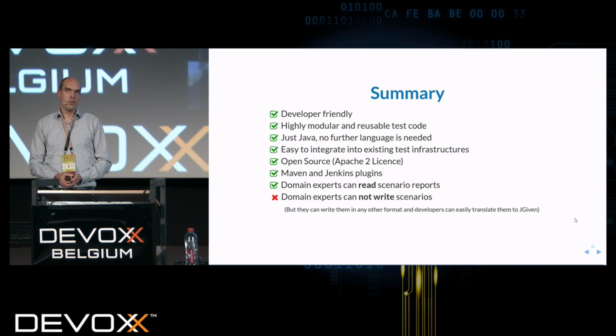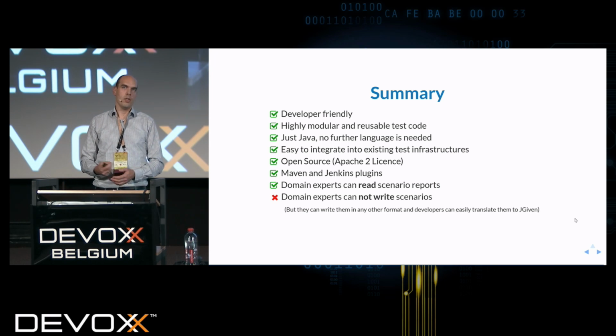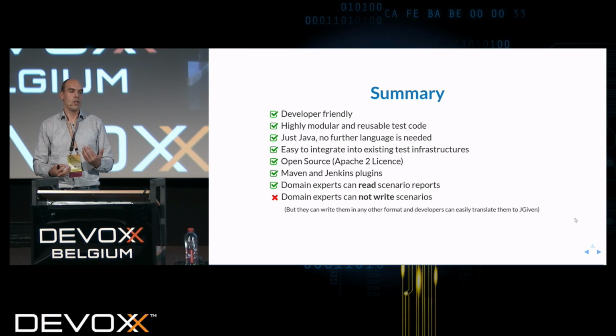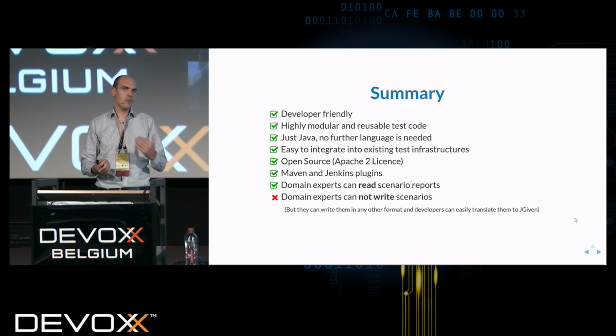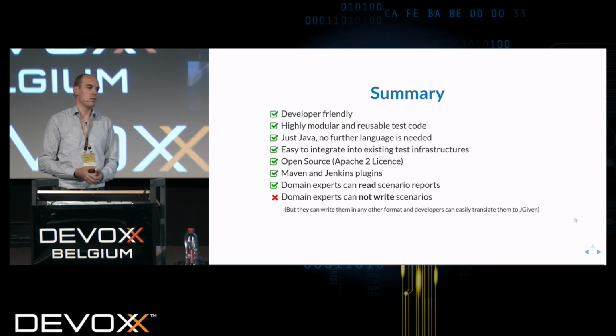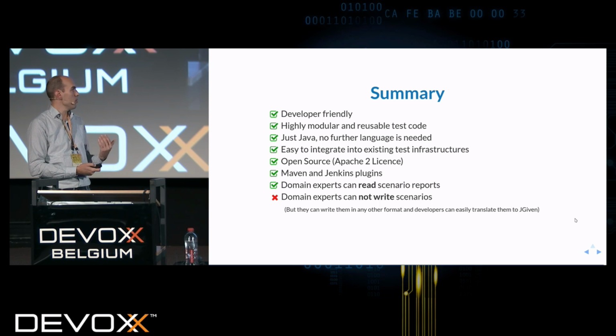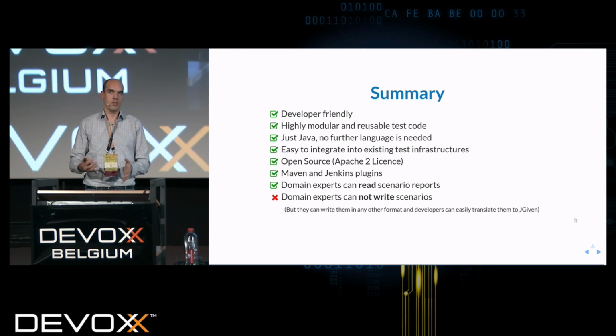The only thing that you cannot do with JGiven, and this is something which you can do with Cucumber, for example, is that a domain expert can actually write scenarios on their own. This is not possible in JGiven because developers have to write them. So if you are in a situation that you have a domain expert who actually wants to write scenarios, then it's not a framework or a library that you can use here. But in my experience, in most projects, it's typically the developers who write the scenarios.